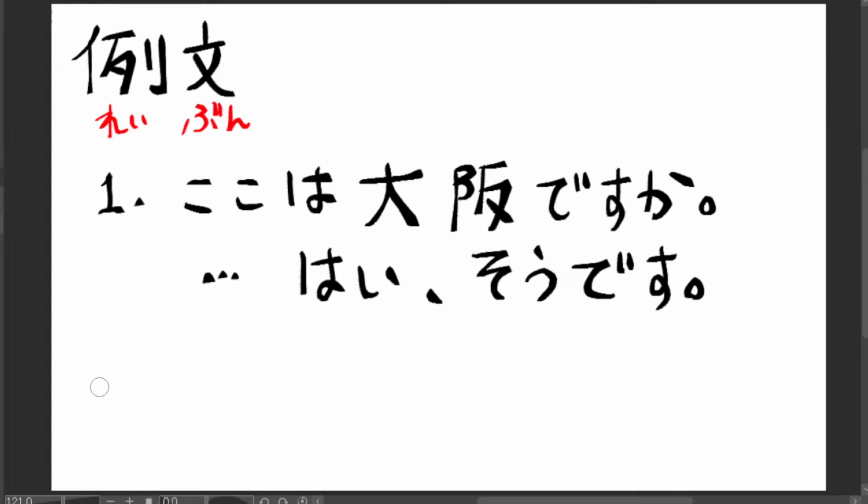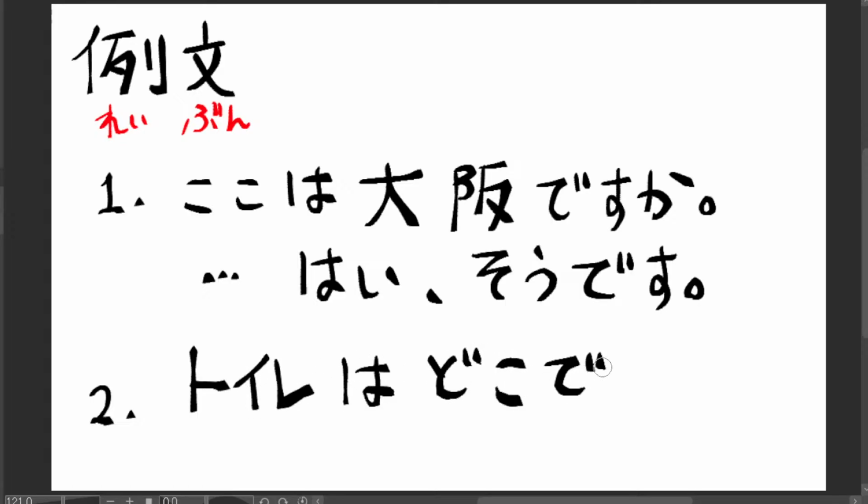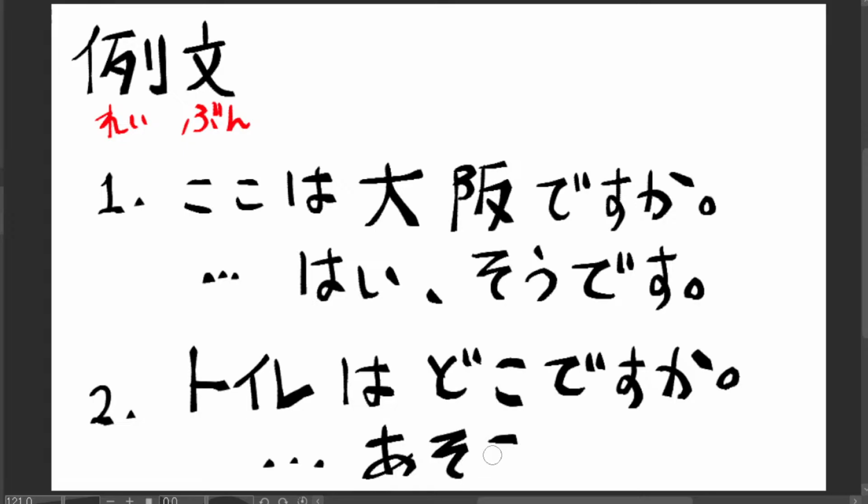This is the first 例文. Let's go for the second 例文, which is トイレはどこですか？ Okay, the answer is あそこです。 トイレはどこですか？ So something that starts with do.